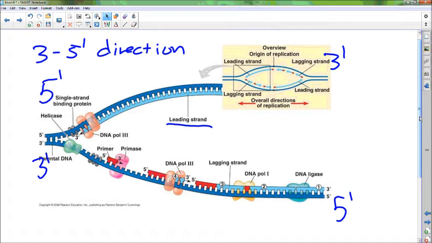Okay? On the other side, we have a bit of a problem though. The DNA helicase is separating the two parts of the DNA molecule up here, but the polymerase can only move in this direction on this side because it always has to go from 3' to 5'.